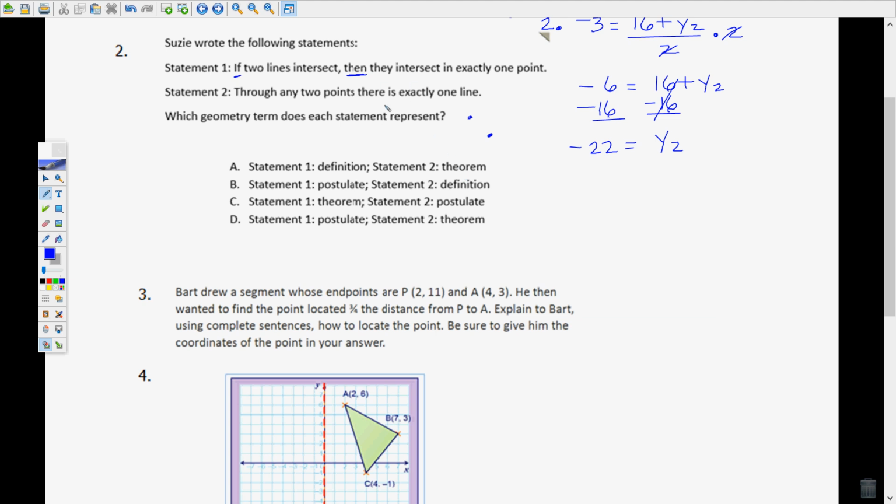So given what I've just gone through here, which geometry term does each statement represent? The first one here is a theorem. It is written in if-then form, or a conditional statement. And statement 2 is a postulate. A postulate is a statement that is true but doesn't have to be proven to be true. So number 2, the answer is C.